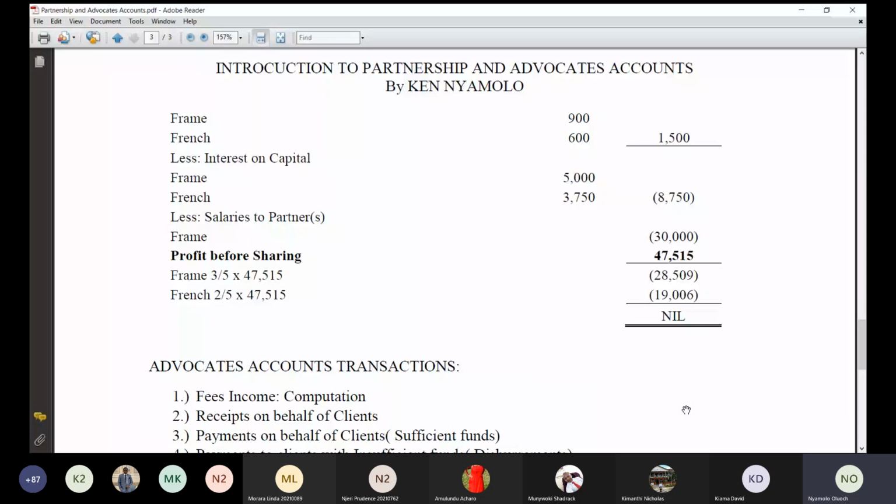If you're going to look at the errors, there are some 3 errors that affect the balancing of the trial balance. I don't want to go into that. When time comes, you will see them. In all the details you'll be given, you will have to fish for those 3 errors and the factors that would make you discover the reason why your trial balance is not balancing. Your trial balance is the first point of testing the accounting equation.